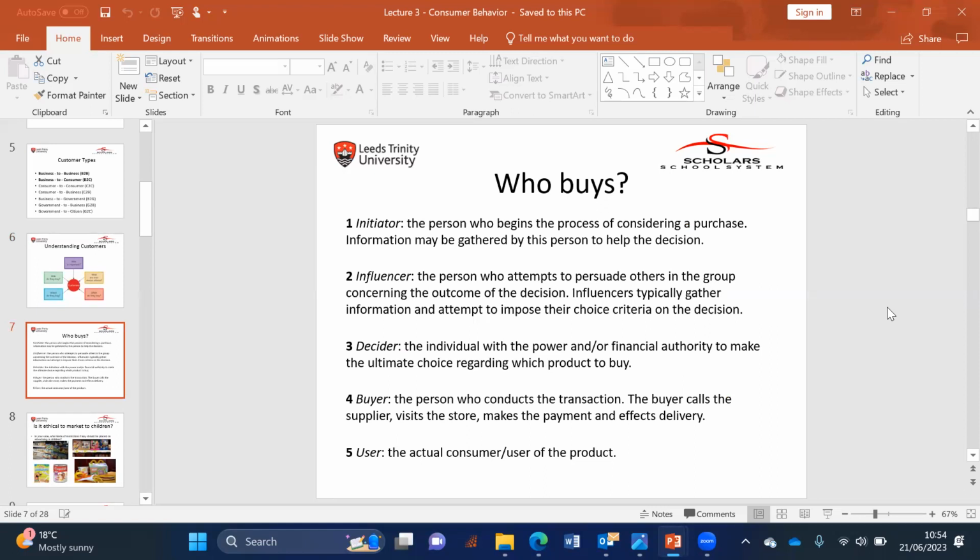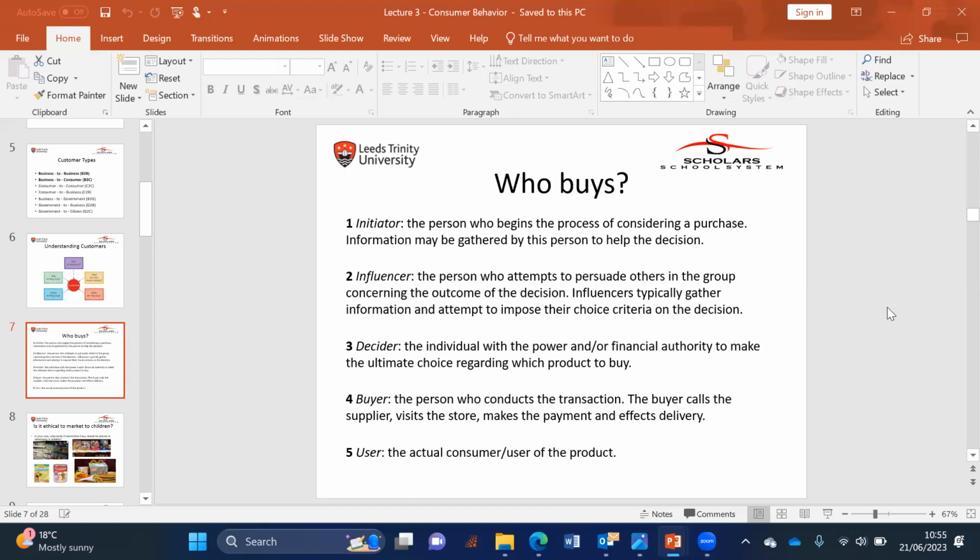There's an initiator. So that's the person who begins the process of considering a purchase. So this person will gather some information, and this information will help in the ultimate decision of buying. Then there's the influencer, the person who attempts to persuade others in the group concerning the outcome of the decision. Influencers typically gather information and attempt to impose their choice criteria on the decision.